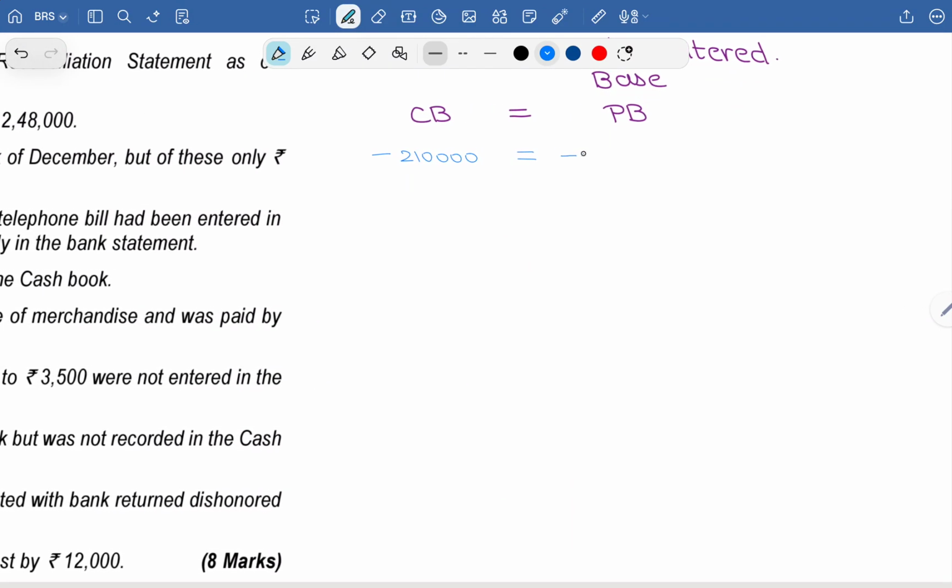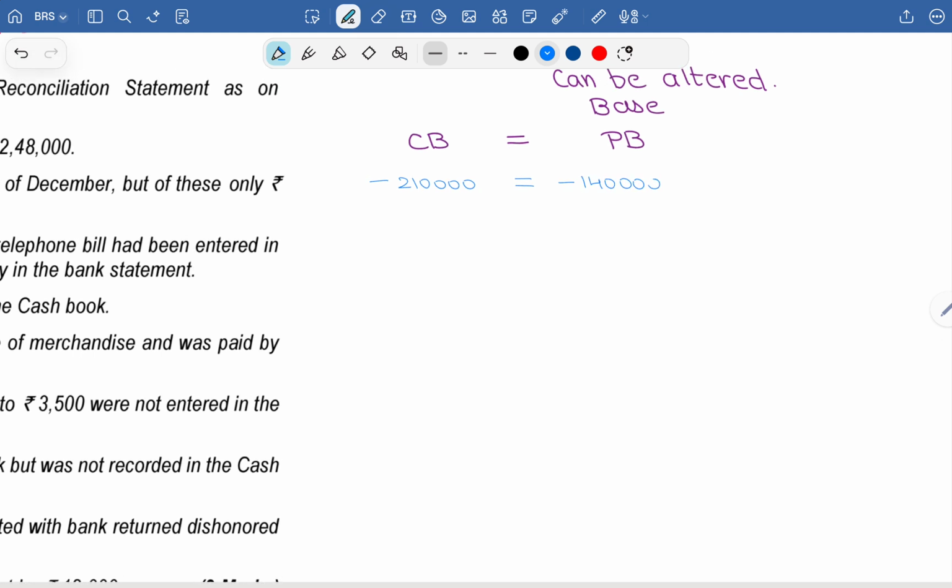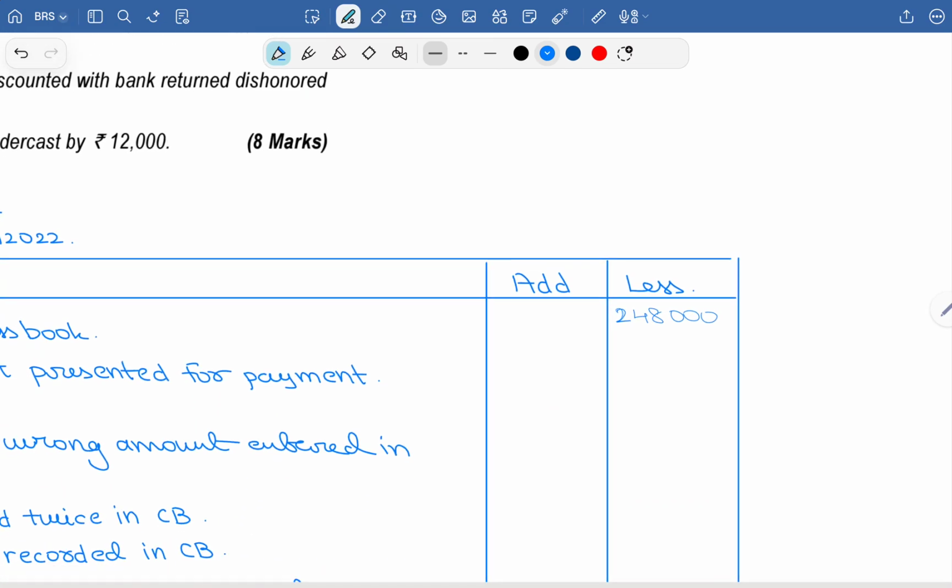So the passbook has decreased only by 1,40,000. Passbook is my base amount, so I can alter the base to make them equal. I have to reduce 70,000 on the passbook side. Then my cash book will be equal to passbook. So less column 70,000.